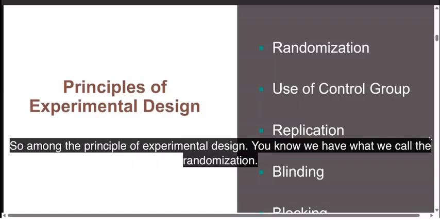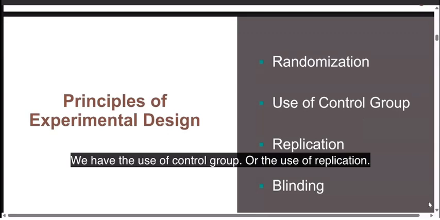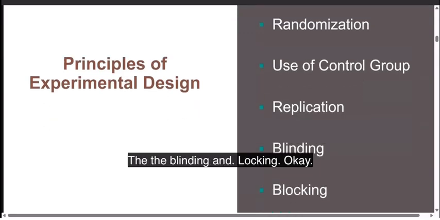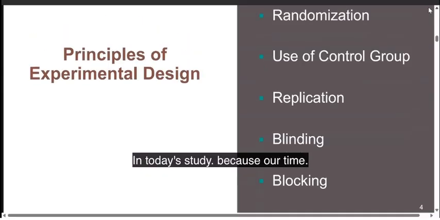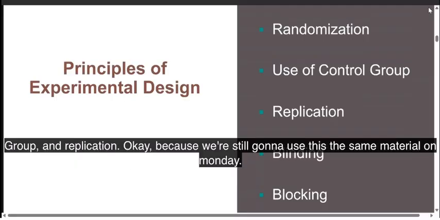Among the principles of experimental design, we have what we call randomization, the use of a control group, replication, blinding, and blocking. In today's lecture, because of our time, we're only going to focus on randomization, the use of a control group, and replication, because we're still going to use the same material on Monday.